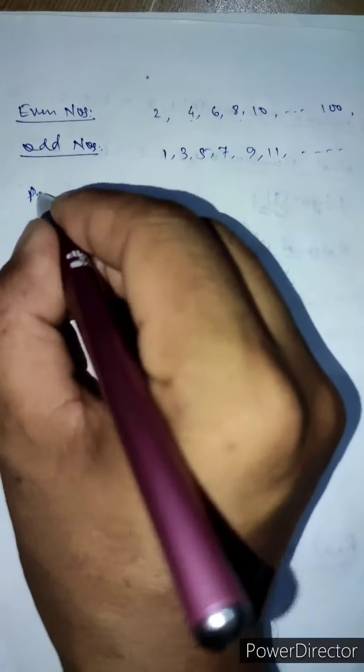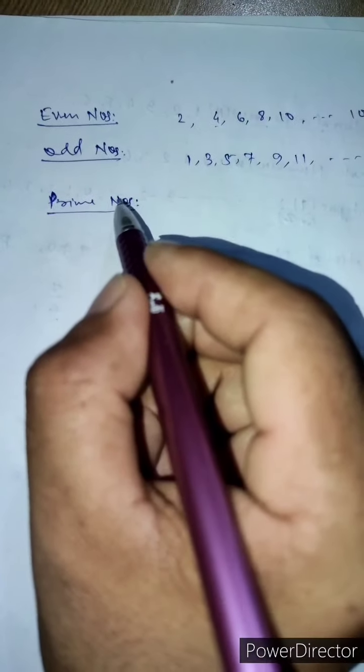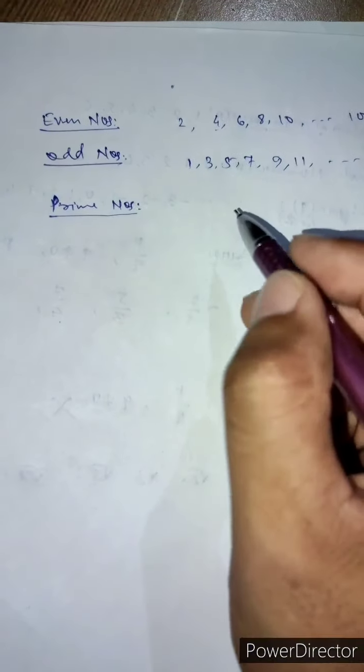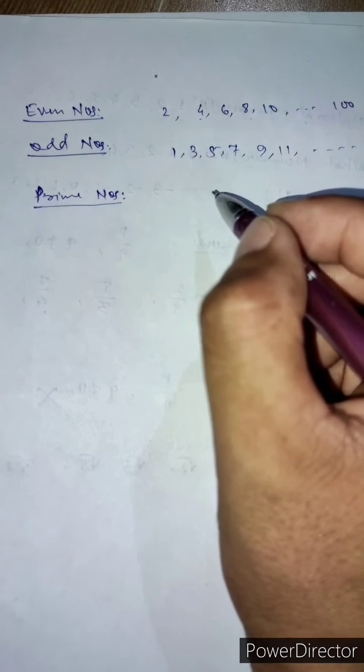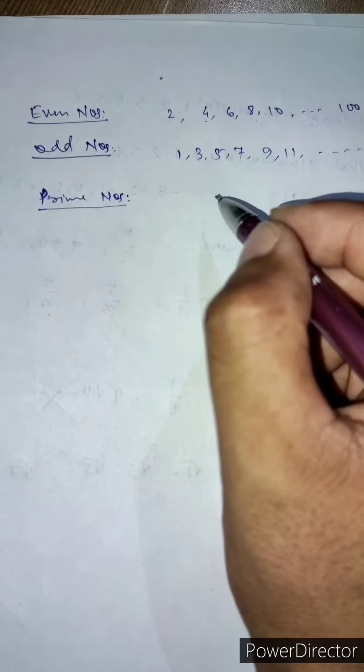Then prime numbers. Those numbers which have only two factors, 1 and itself. Or if you go through the divisibility test, the numbers which are divisible by 1 and itself only are called prime numbers.